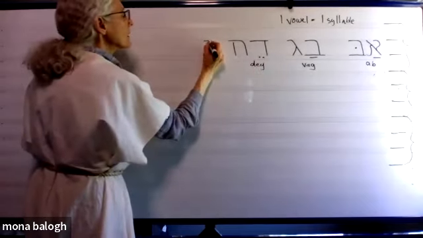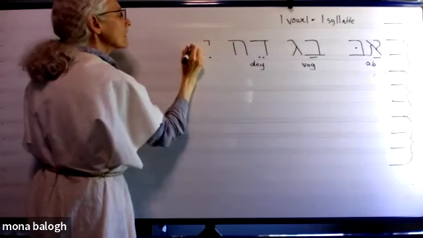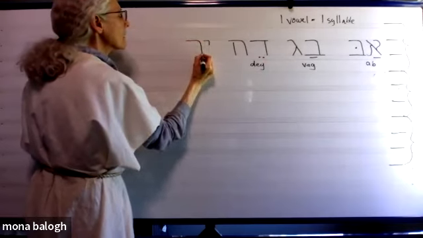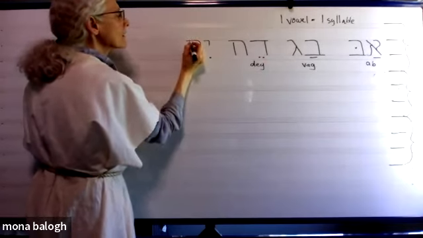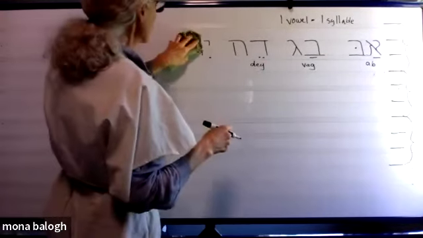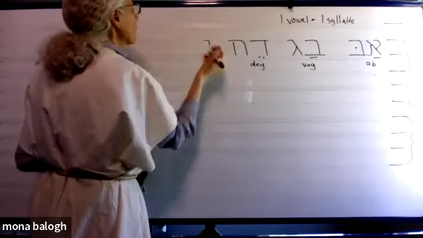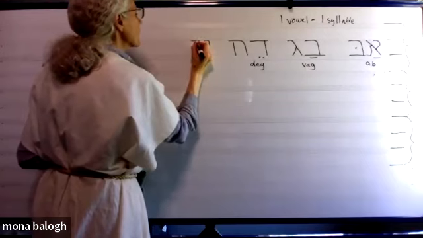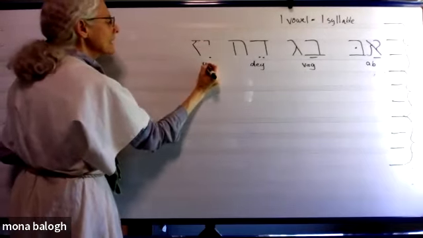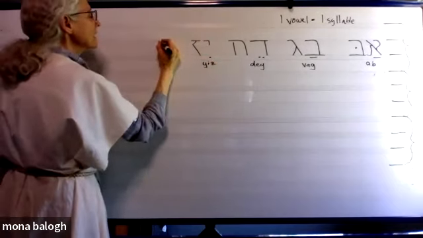Vav, let's do a hirek. Yud, chaf. Let me get this in order here. Zayin, zigzag, yiz. Now comes chet.